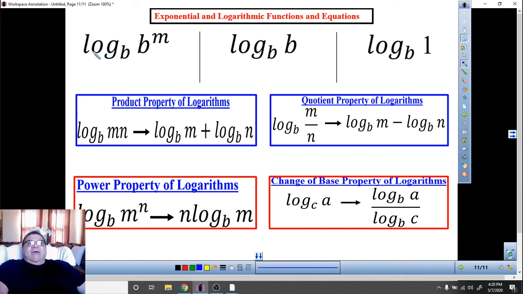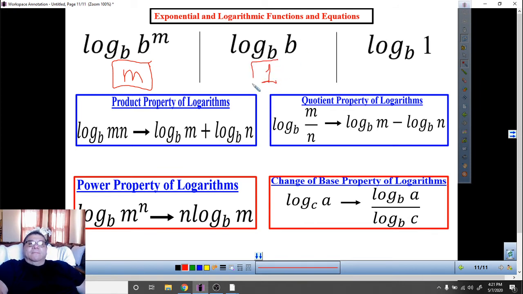So once again, recap, log b to the m. What does this definition tell us? That if the base is the same as the given number and the given number has an exponent, the answer is the exponent on the given number. So the answer is m. For this one, if the base is the same as the given number and the given number does not have an exponent, the answer is 1.